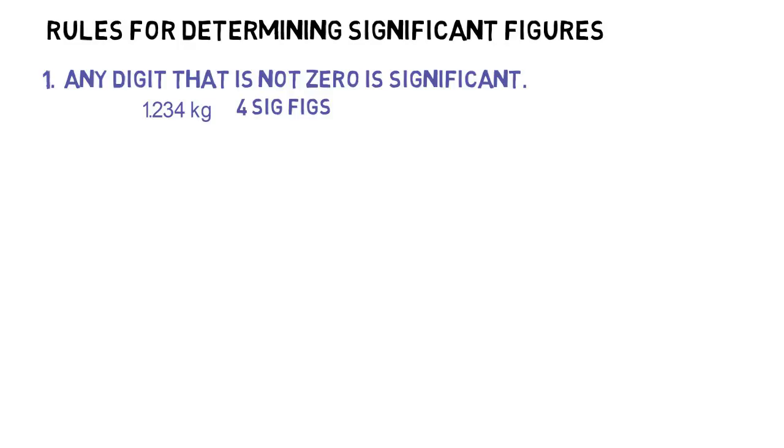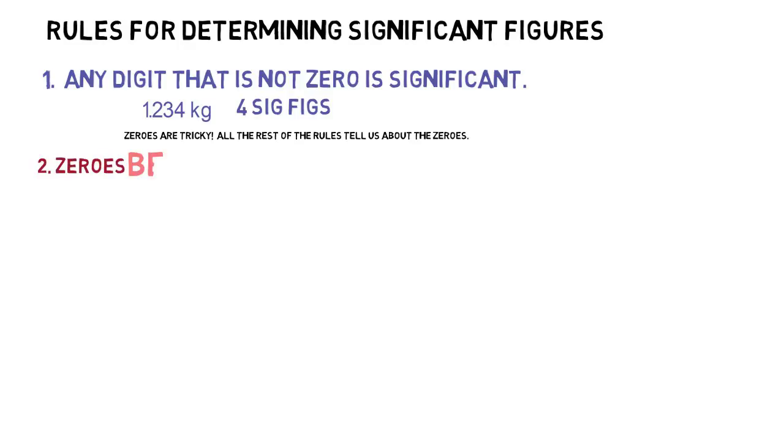It turns out that the zeros are really the tricky part, and the reason the zeros are tricky is because 0 can either be a placeholder to move things around, or it can actually be a 0. That means there's 0 things in this column, and not just a placeholder. And so all of the rest of the rules tell us about these zeros and whether they're significant.